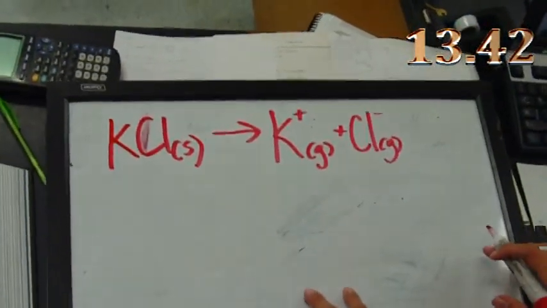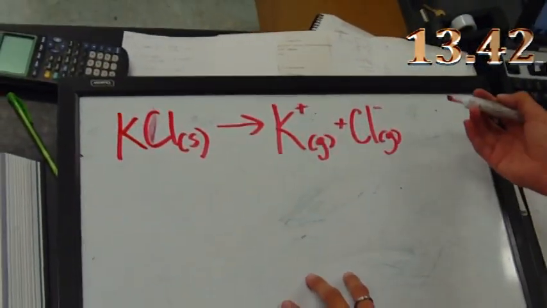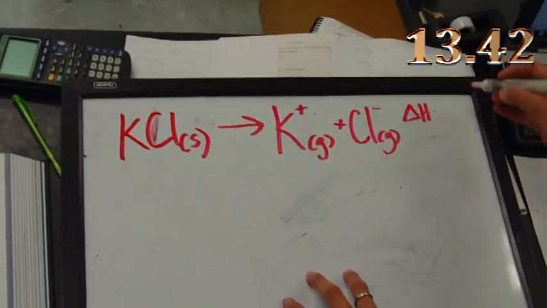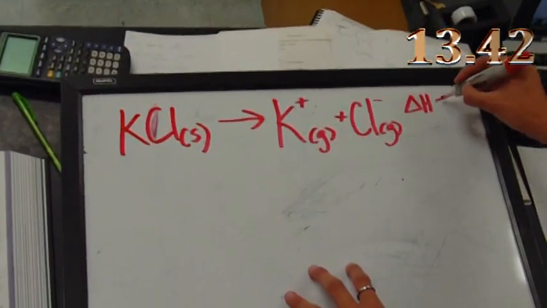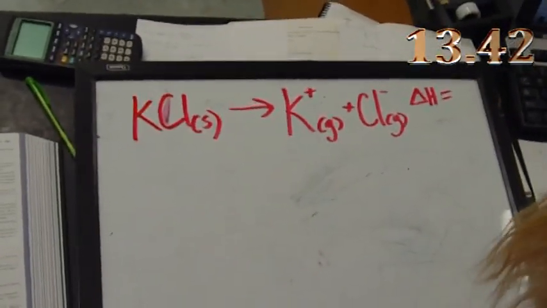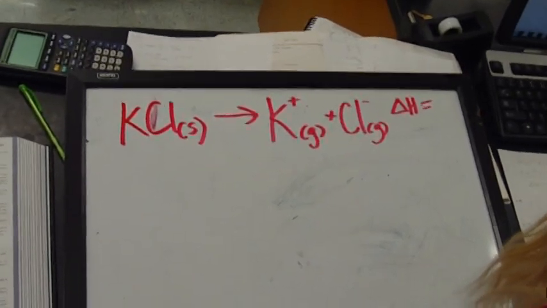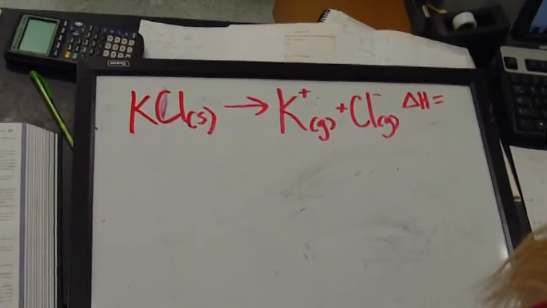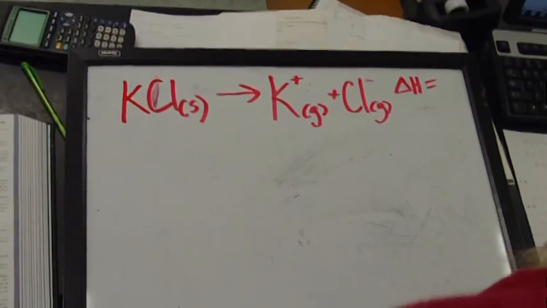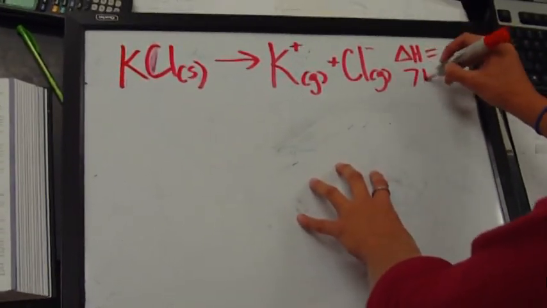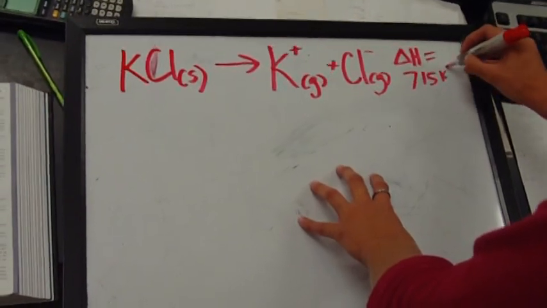The enthalpy for this reaction is going to be equal to the negative of the lattice energy, which is given to us in the problem. The lattice energy for potassium chloride is negative 715 kilojoules per mole, so the opposite of that would be positive 715 kilojoules per mole.